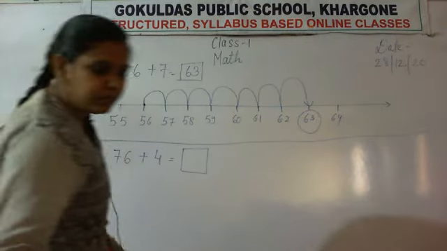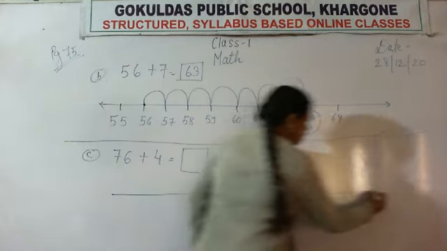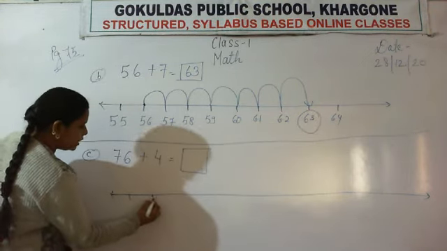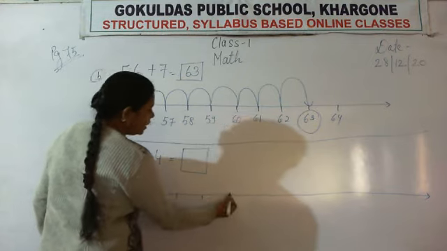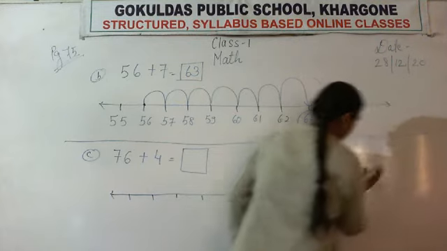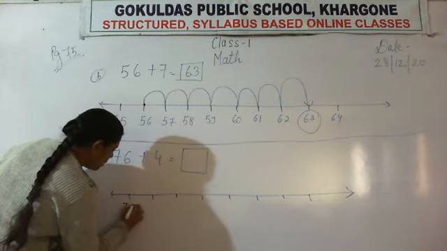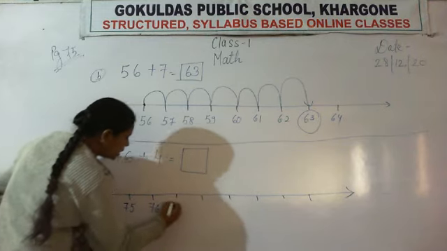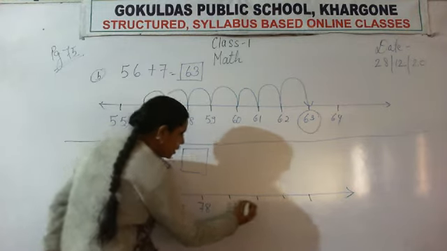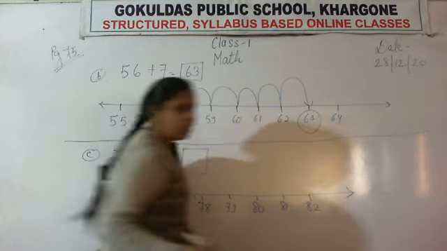So draw the number line. 75, 76, 77, 78, 79, 80, 81 and 82.